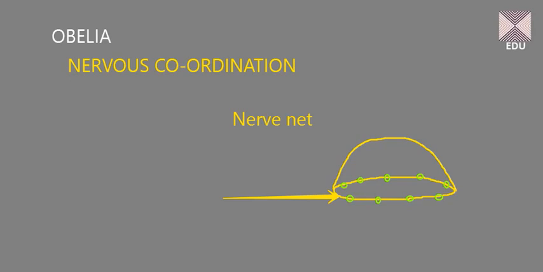It is a bit slower than the nerves, but scientists have found that these nerve nets are the basic forms of the nervous system present in case of Obelia. So students, these were some of the miscellaneous topics in the case of Obelia. So next we will be discussing the reproduction in case of Obelia, which is the very last part.